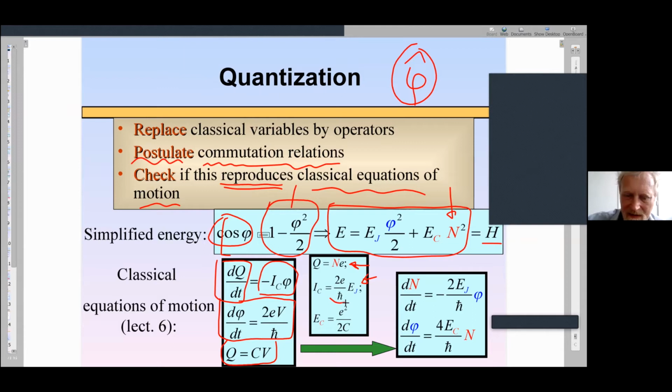And write charging energy instead of capacitance. What's the use of it? I got a very symmetric form of the resulting equations. They're still classical. They're linear equations, simple to work with.